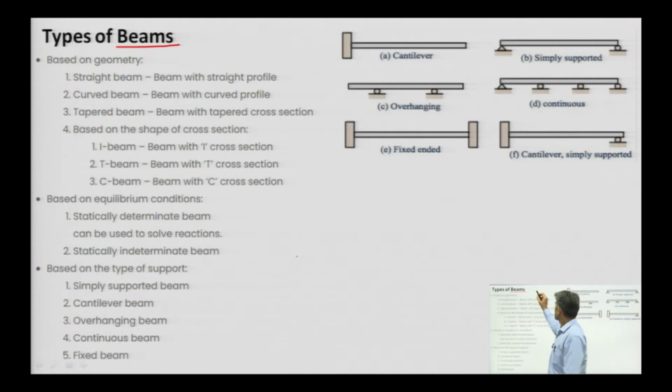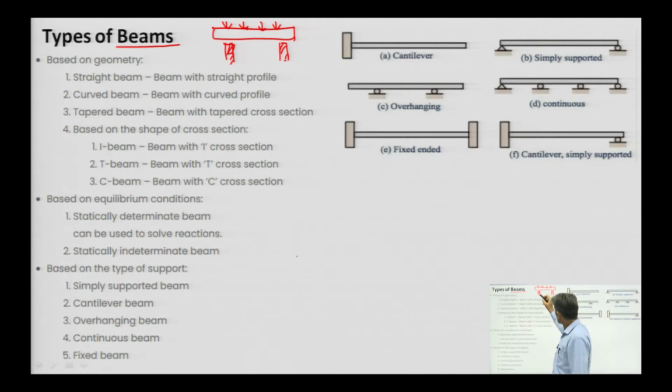Beams are normally horizontal and they are supported at vertical members to carry the vertical loads coming on that member, okay.